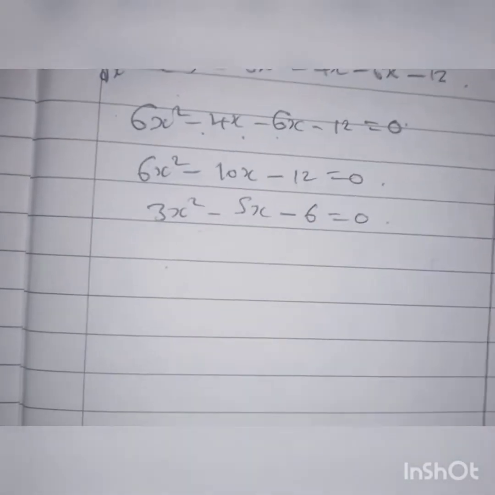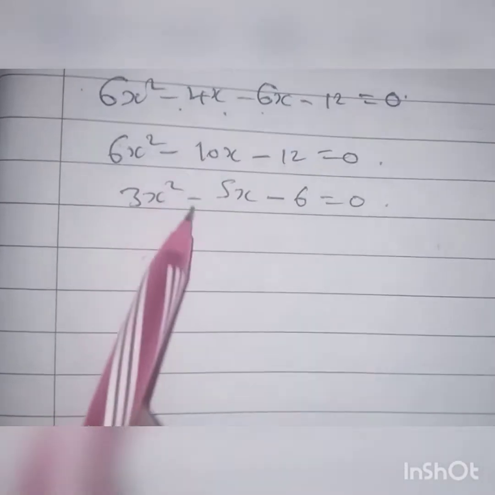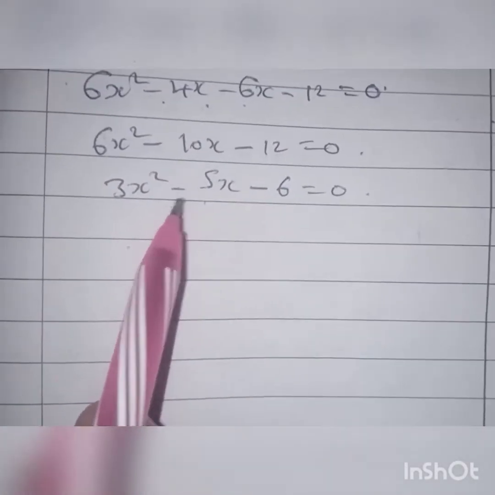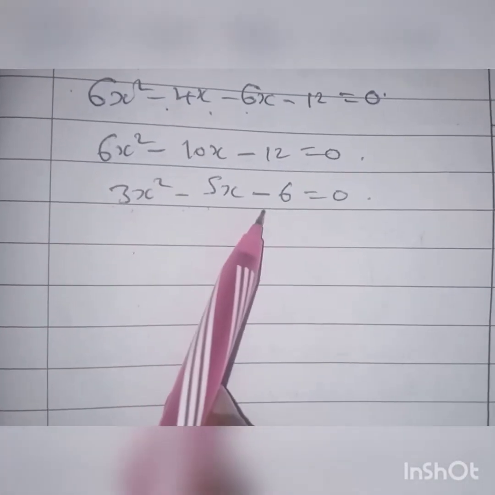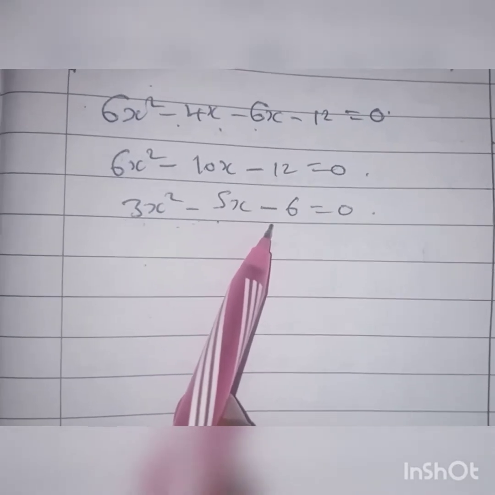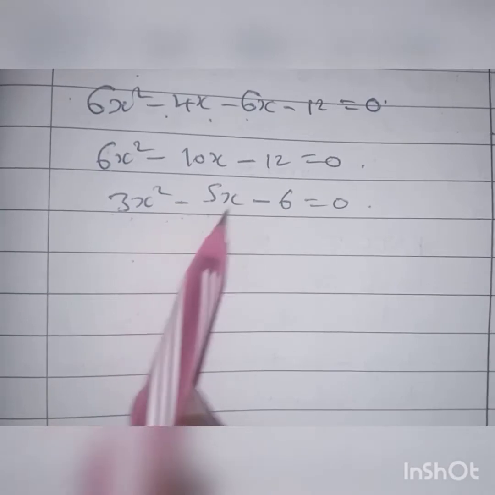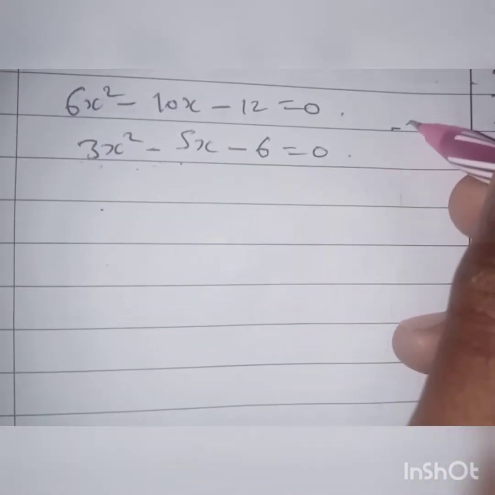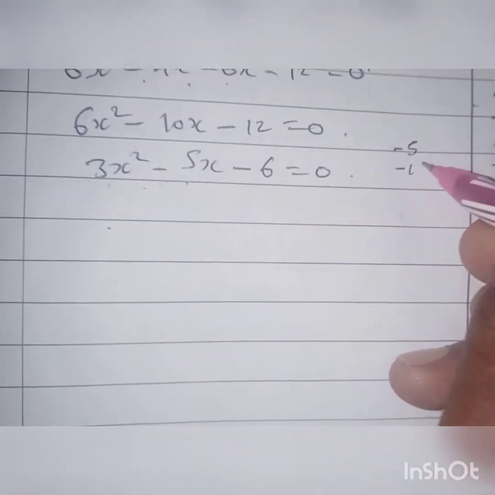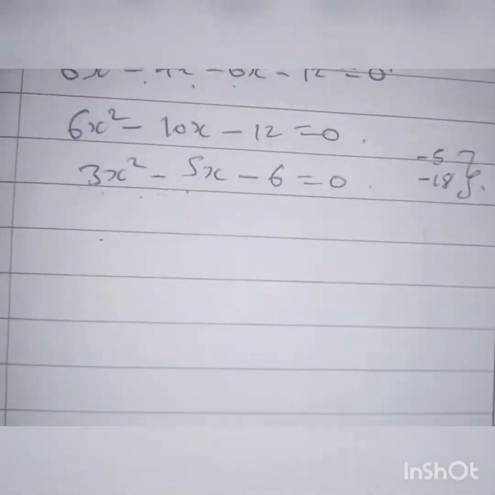Let's confirm. The sum is minus 5 and the product is minus 18. So when you add two numbers, you get minus 5, and when you multiply, you get minus 18. Can we get these numbers?